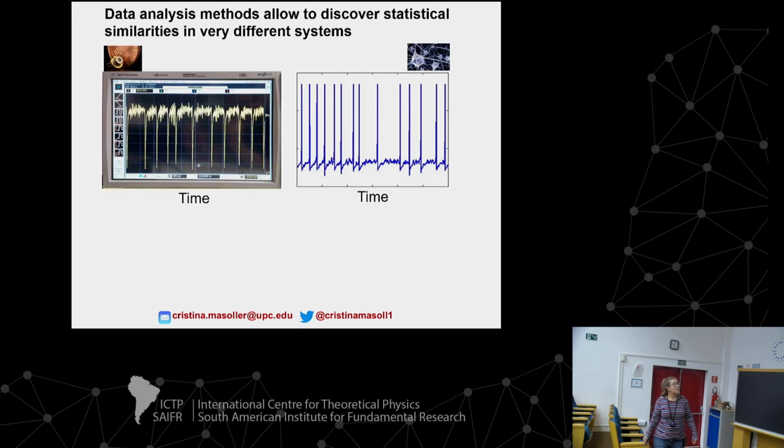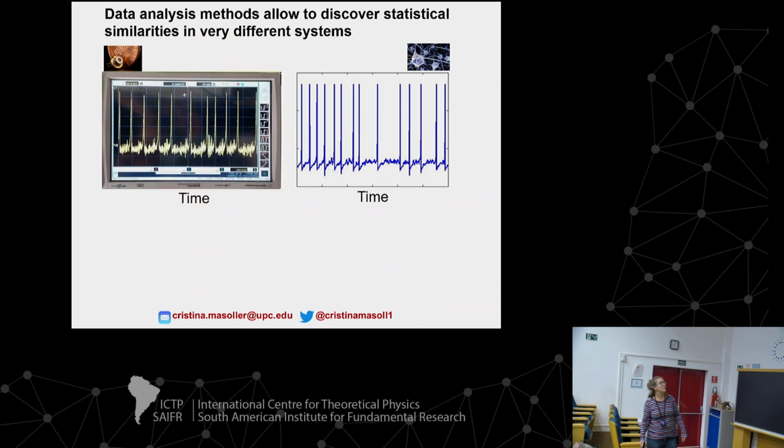So yeah, these are two time series. One is an experimental time series detected in a lab with an oscilloscope, and this is the intensity emitted by a laser, and you can see some pulses. And these pulses have apparent similarities with spikes. Those are spikes simulated with a neural model.